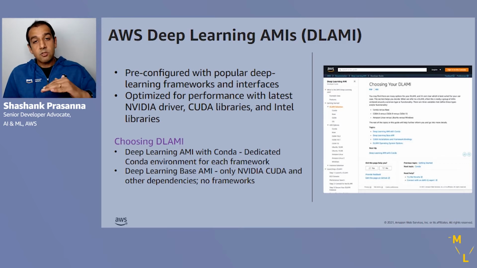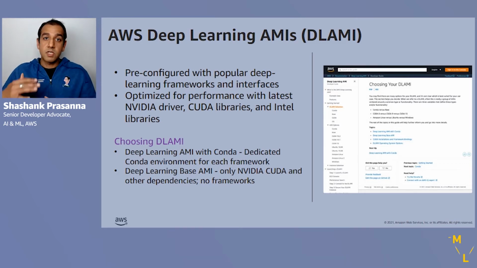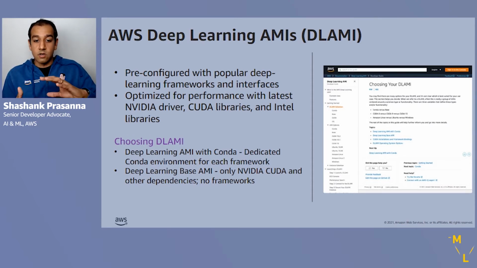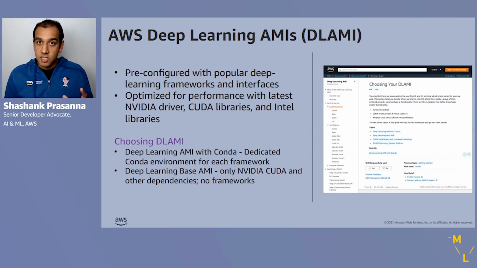And it also includes all the libraries from your CPU libraries and GPU libraries and makes sure that they all work together well, which can be a challenge, as we'll see in a moment. And you get access to your deep learning base AMI, which just includes NVIDIA drivers, so you can build your custom environment on top of that, or you can get access to all the optimized frameworks, so you can just get started with these frameworks.